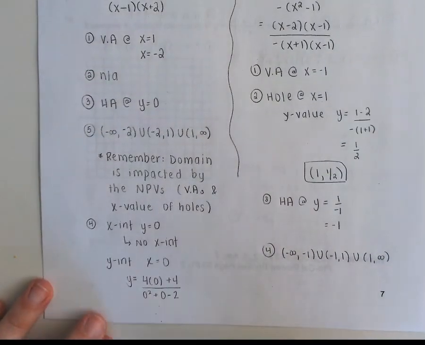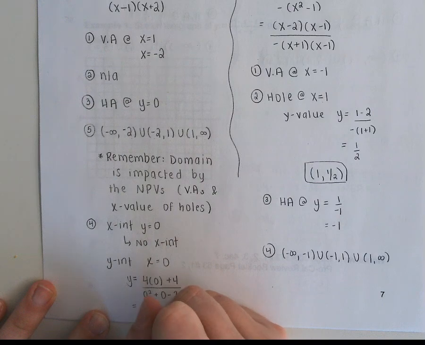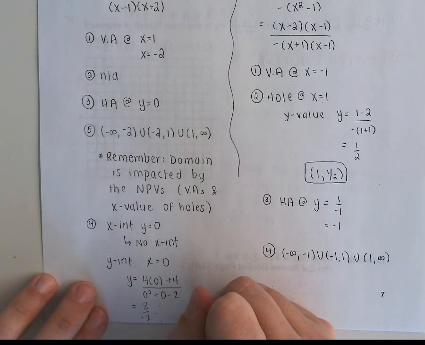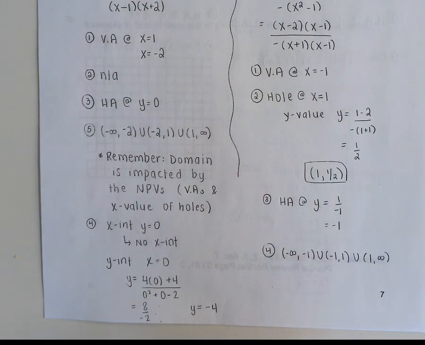So in this case, we would end up with 8 over negative 2. So your y-intercept is at negative 4. Okay, so that's how we find our x and y intercepts.